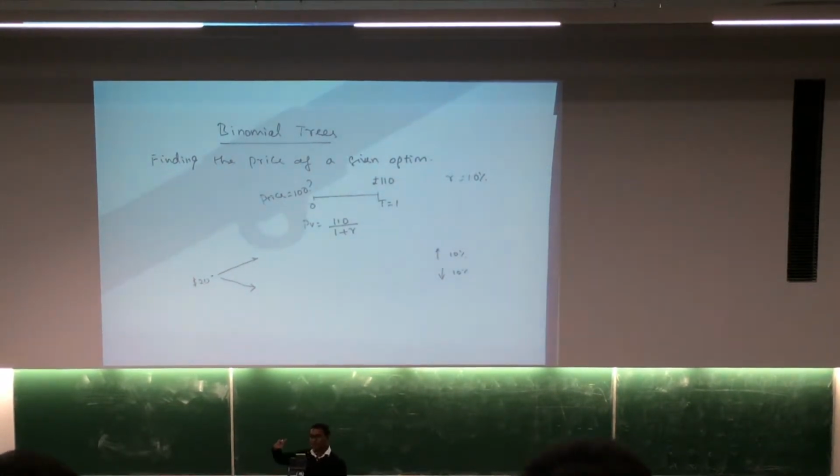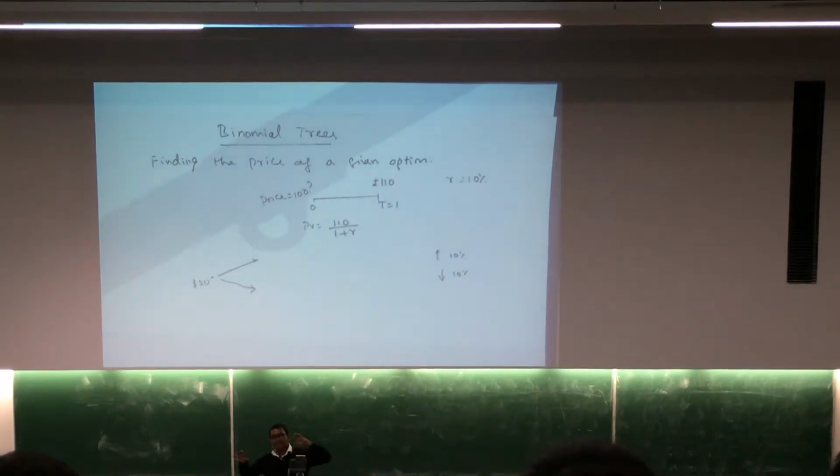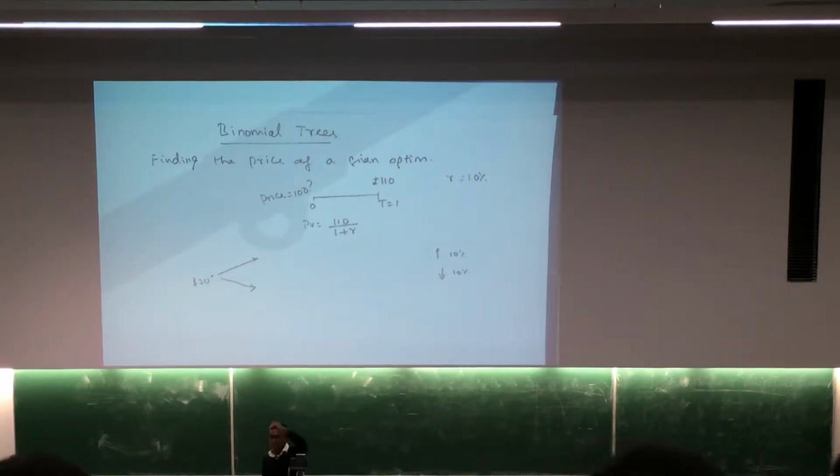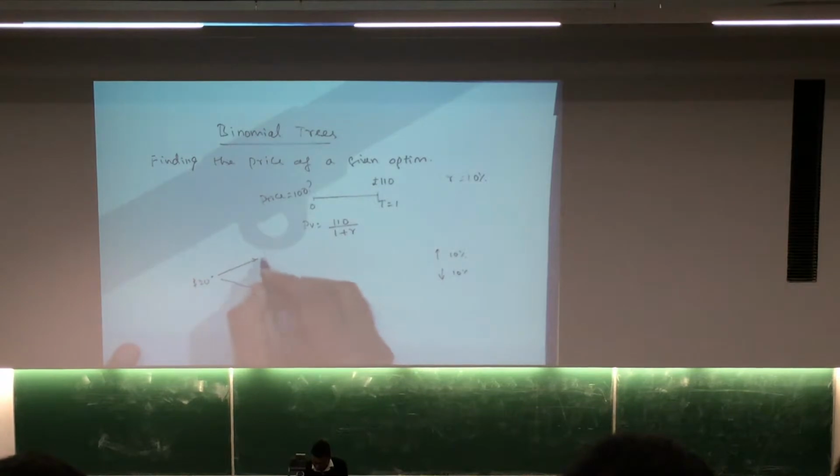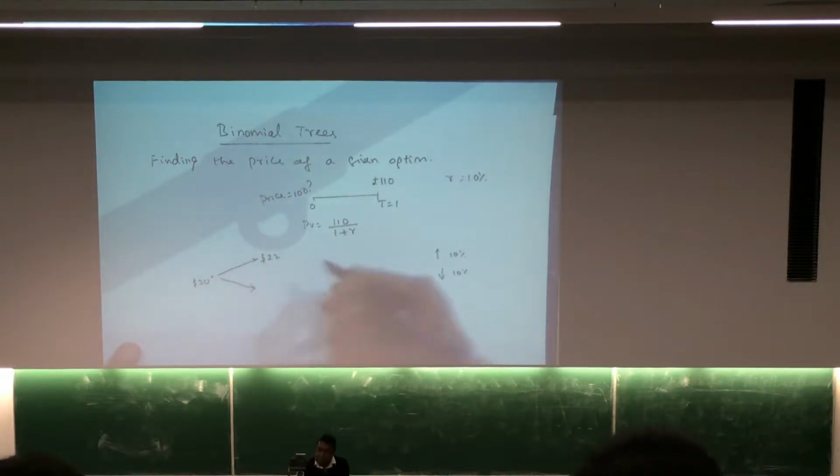Okay? There are different possibilities. Imagine a world where there are only two possible situations. The price might go up by 10% or it might go down by 10%. If it goes up by 10%, then the future price is 22.